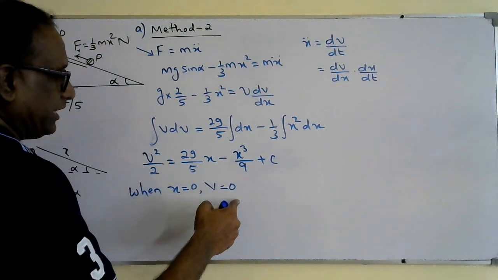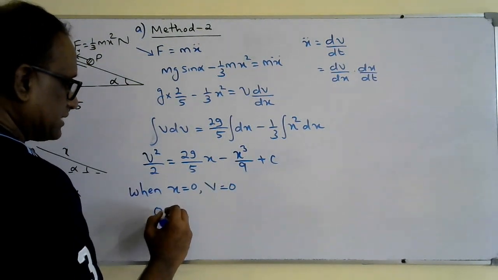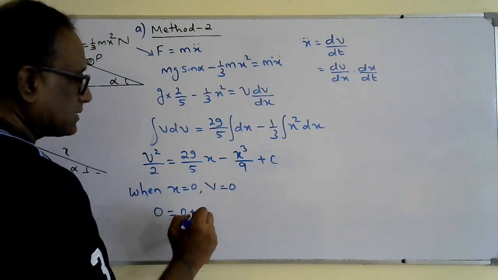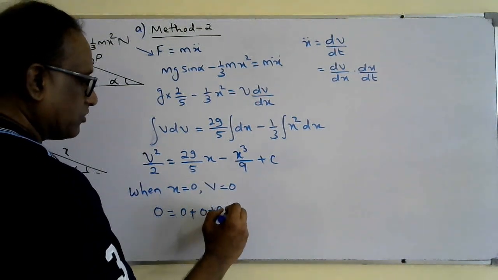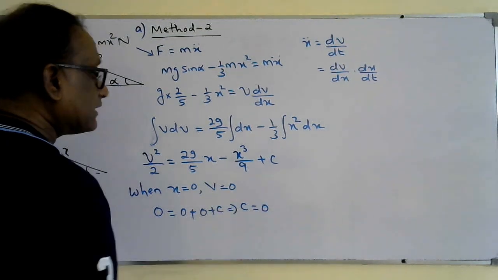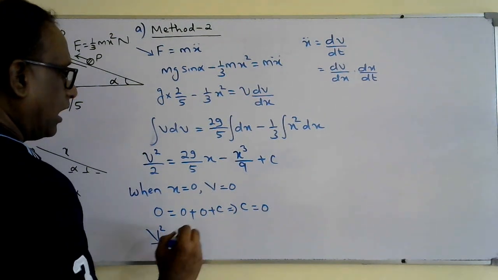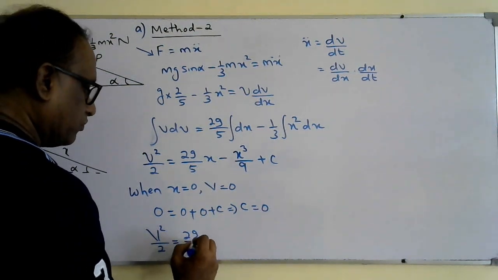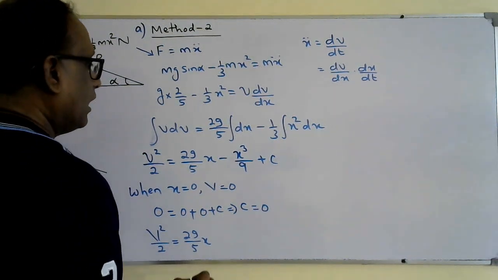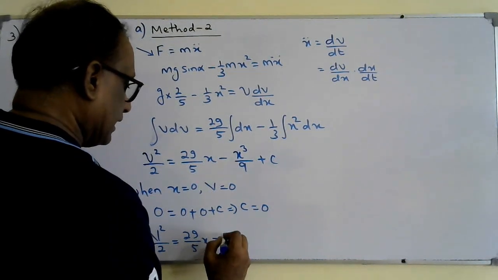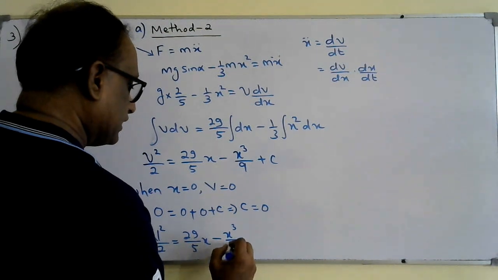So x equals 0, v equals 0. Substitute here, you will get everything 0. v equals 0: 0 equals 2g over 5 times 0 minus x cubed 0 plus c. So from that c equals 0. So the general equation I'm going to get now: v squared by 2 equals 2g over 5 x minus x cubed over 9.